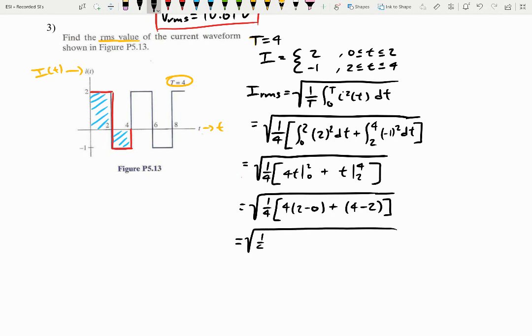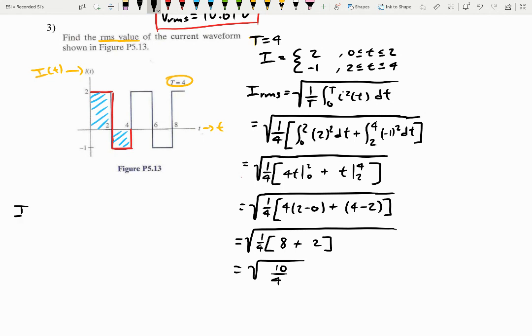So here, 1 over 4. 4 times 2 is going to be 8. 4 times 0 is going to be 0. 8 plus 2. So we'll have square root of 10 over 4.